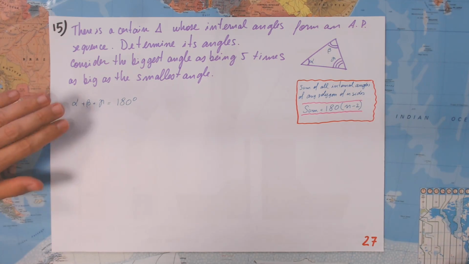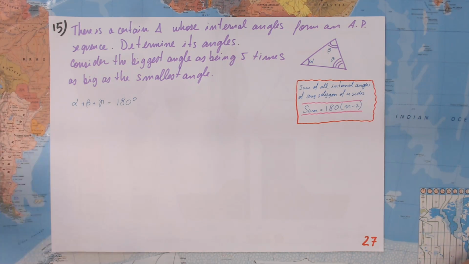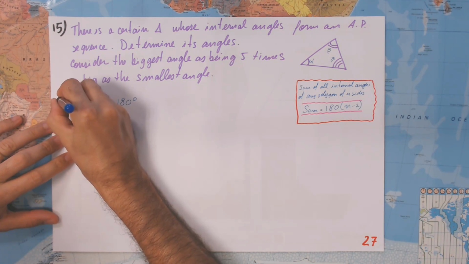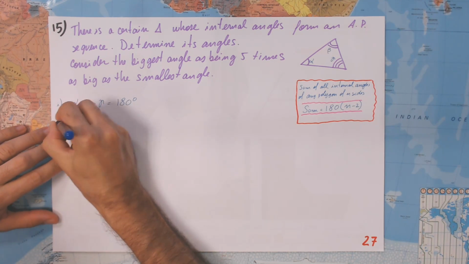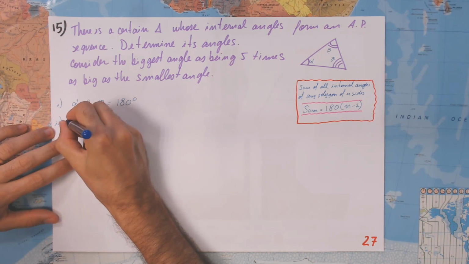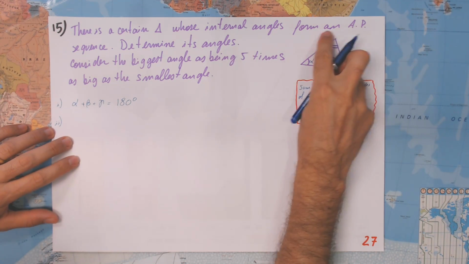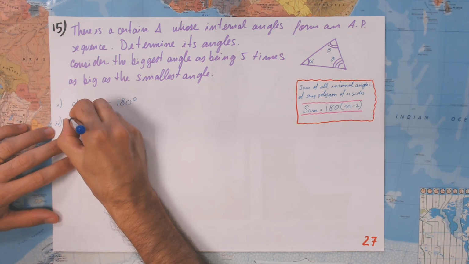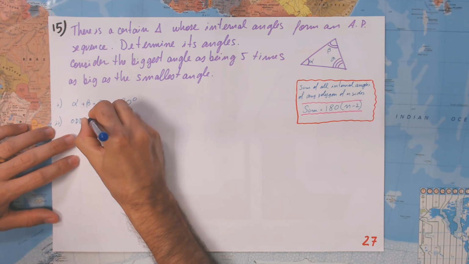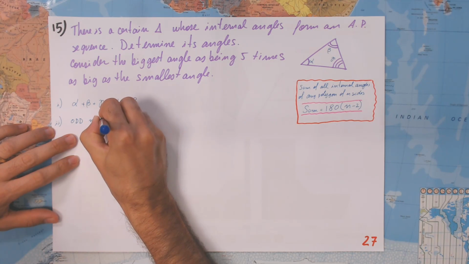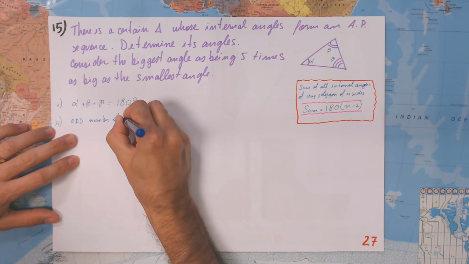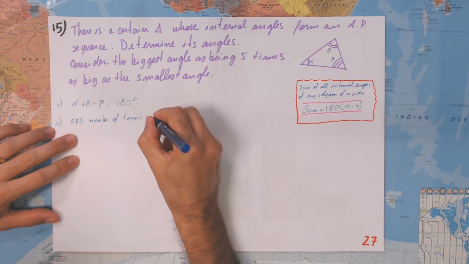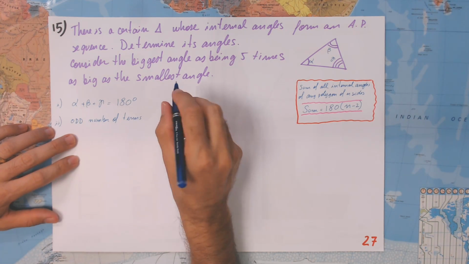Now, this you know. Well, look, we have an AP. This is the first piece of information. The second one, well, we have an AP of 3 terms, meaning we have an odd number of terms. And we have the summation.